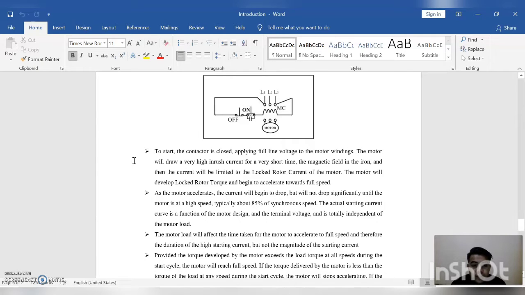As the motor accelerates, the current will begin to drop but will not drop significantly until the motor is at a high speed, typically about 85% of synchronous speed. The actual starting current curve is a function of the motor design and the terminal voltage and is totally independent of the motor load.